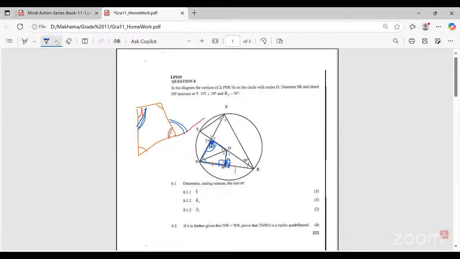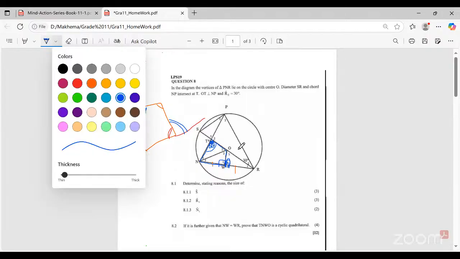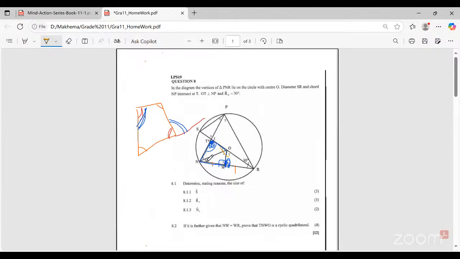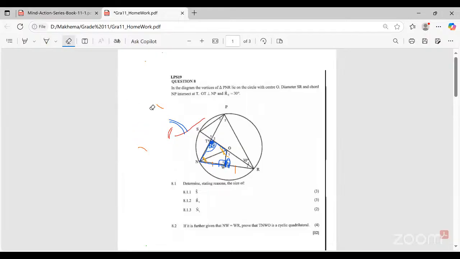Or you can go to the other angle, which is this one plus this one. If you show that this angle here plus that angle is equal to 180 degrees, then you can conclude that TNWO is a cyclic quadrilateral. So anyone, guys, with some idea of how we can approach this problem?